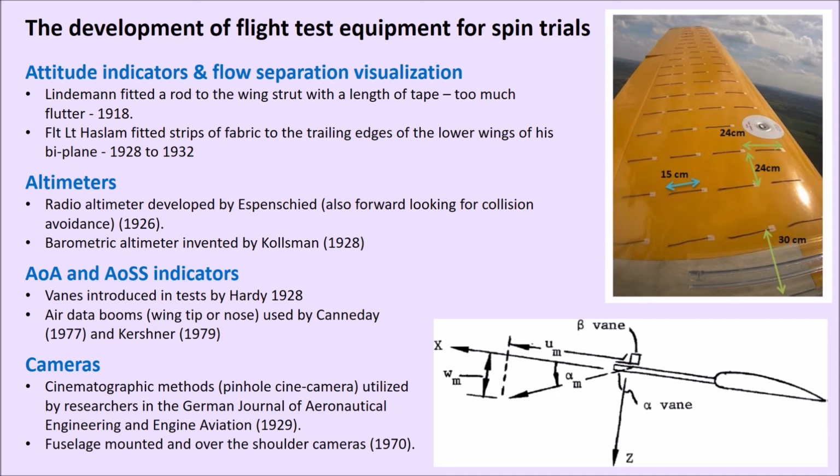Jump forward a few years, Flight Lieutenant Haslam fitted multiple strips of fabric to the trailing edges of the lower wings of his biplane for his studies in 1928 to 1932, and he observed that under pre-stall conditions the cloth streamed rearwards as expected, but when the aircraft was stalled, the cloth actually lay forwards flat against the wing and fluttered around sporadically.